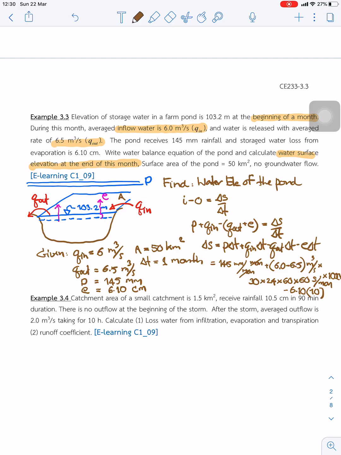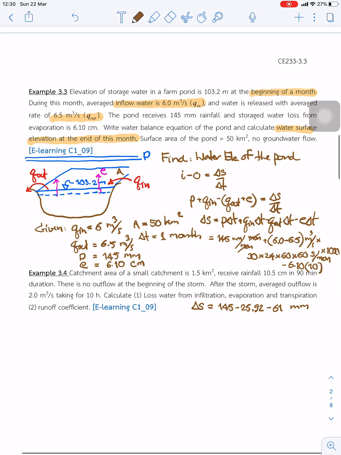Okay, so we have no space, so we can write down here delta S is equal to 145 subtract 25.29 and subtract 61. Our parts are in the same unit of millimeter, so we can subtract that. The change of the storage is equal to 58.08 millimeter.